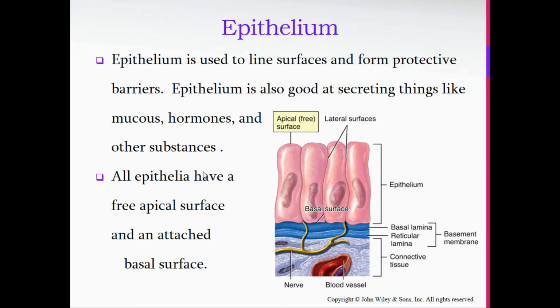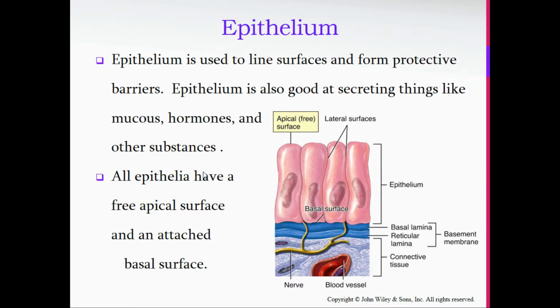So lining the hollow organs, lining the body cavities, so the inside of your thoracic or chest cavity, the inside of your abdominal cavity, the lining of the bladder, the inside of your intestines, so on and so forth. All of those areas are going to be covered in epithelial tissue.